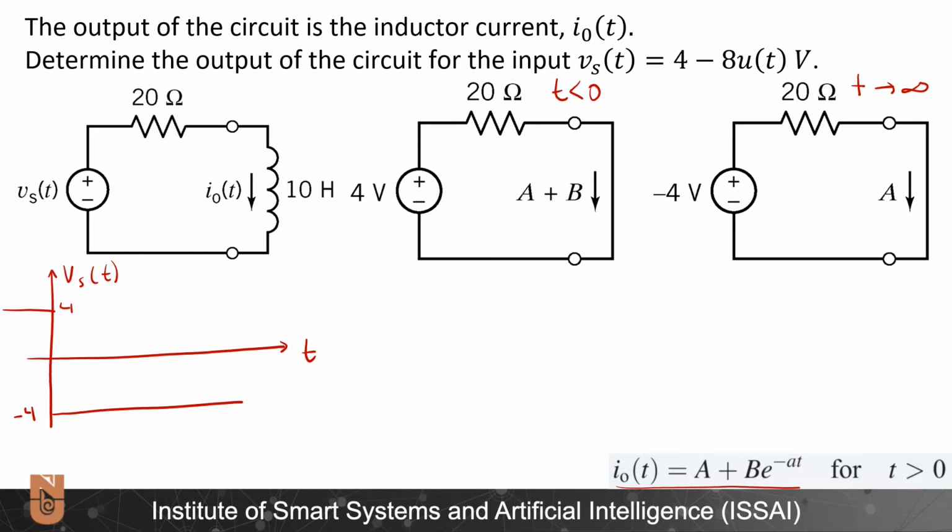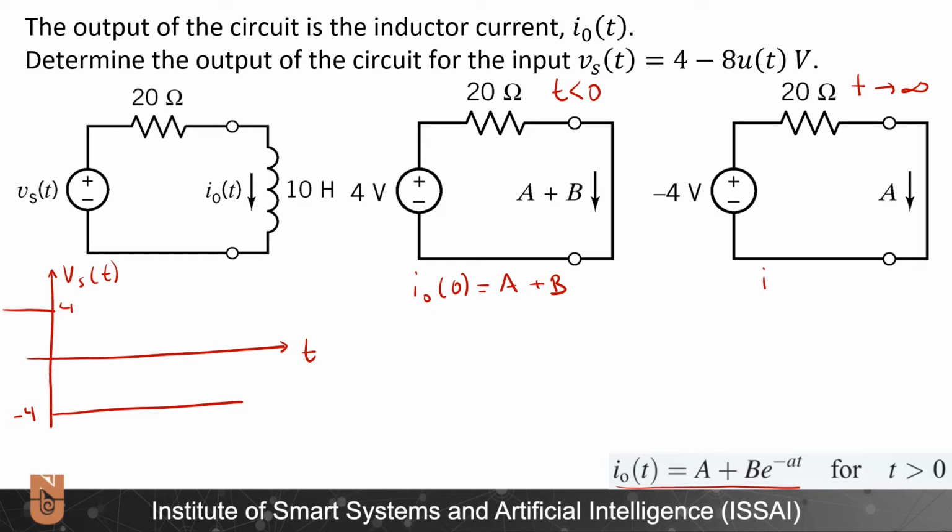In this case, when I0 is 0, this will be equal to A plus B, the steady state for t less than 0, which will also be the case for I0 at t equal to 0.